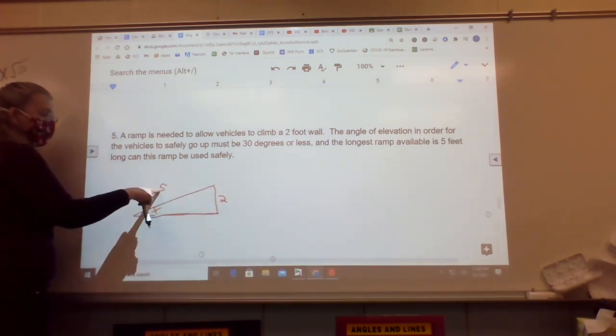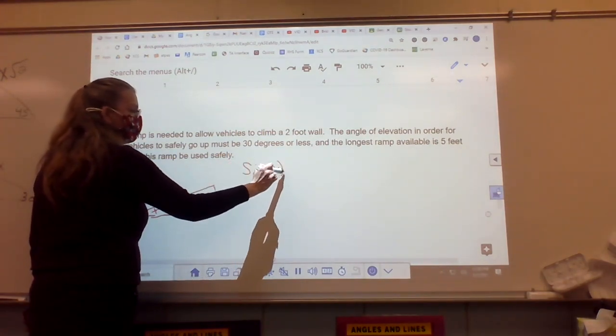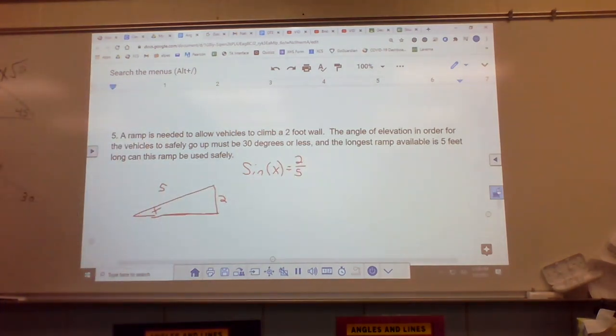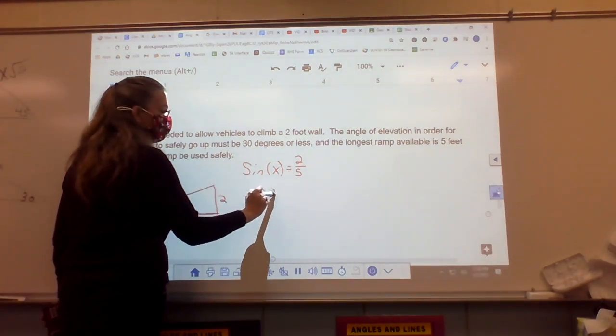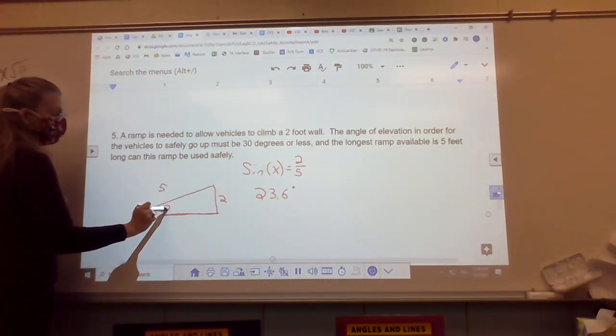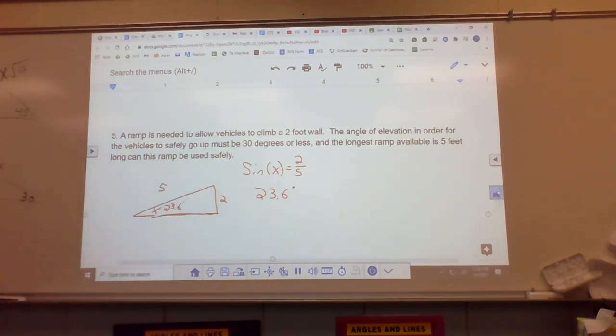It's an opposite over hypotenuse, so sine of the angle equals 2 over 5. Again, don't forget to do the inverse sine, 2 divided by 5. And I get 23.6 degrees. So this ramp is sitting at 23.6 degrees. Well, it says to be safe, it has to be 30 or less. So was it 30 or less?